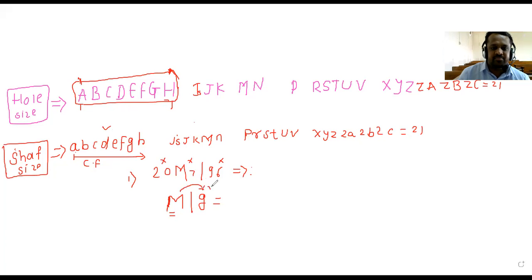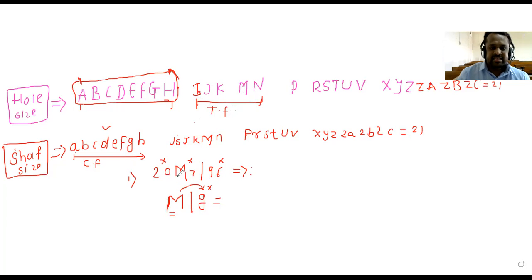Just check where that capital letter lies. If this initial capital letter lies between JS to N, then we have to identify it is the transition fit.